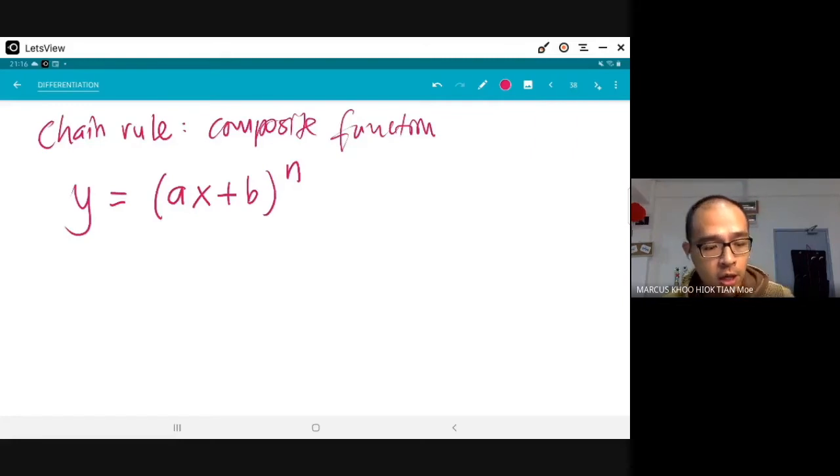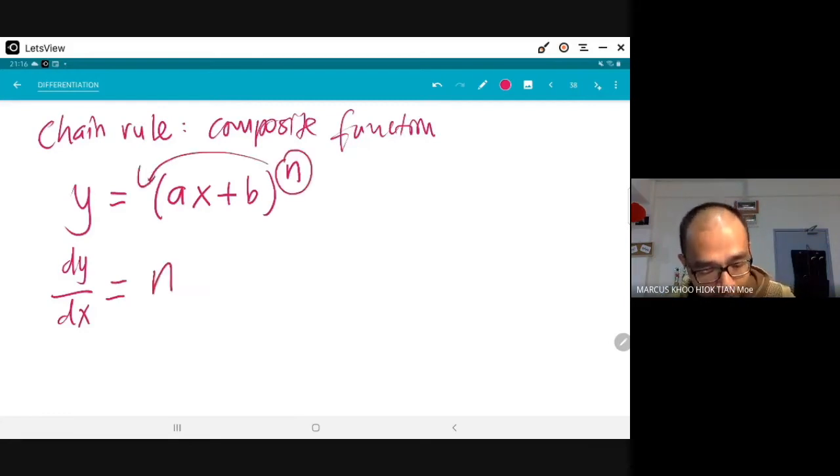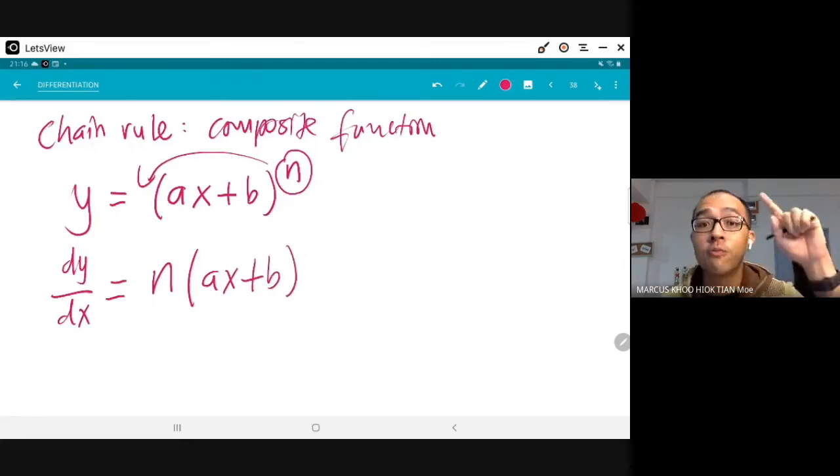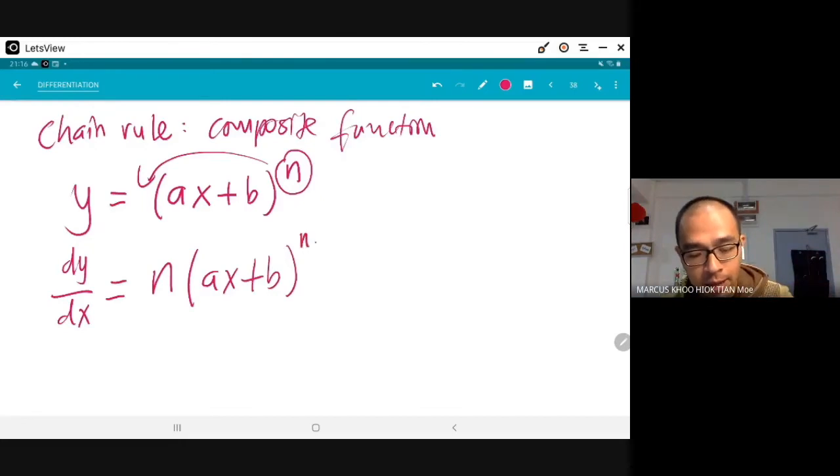This is the general formula. So the first derivative, or dy/dx, or the gradient function, or the first time you differentiate, it will be the same principle. The power you bring forward, so n (ax plus b) to the power of, you do the same thing, you minus 1 from the power, n minus 1, but you add one other thing.